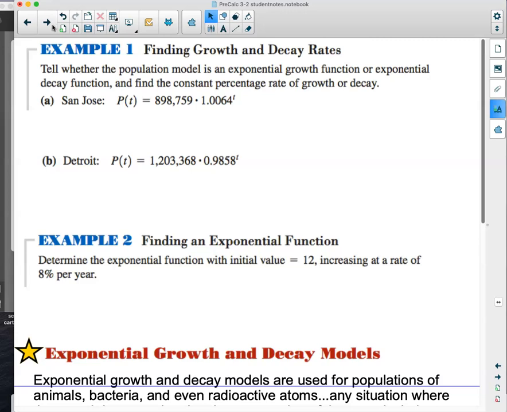So what we want to do when we see something like this is go immediately to that base and ask ourselves, well, is that a number that's bigger than 1? Because then they added the interest rate. And if it's less than 1, well, then it was decay. Well, this one's bigger than 1, so this is exponential growth.